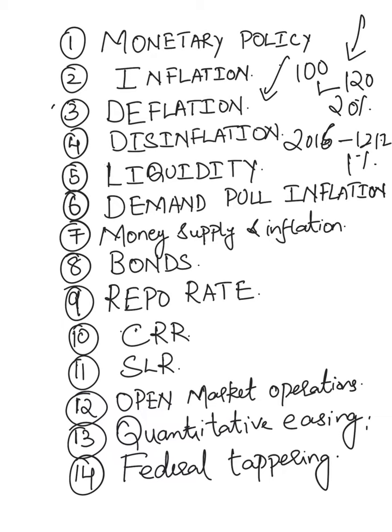What is liquidity? Liquidity as a concept is generally used in this chapter called monetary policy. We term some assets as highly liquid, which are going to be easily converted into cash. So liquid or liquidity indicates nothing but easy conversion into cash.